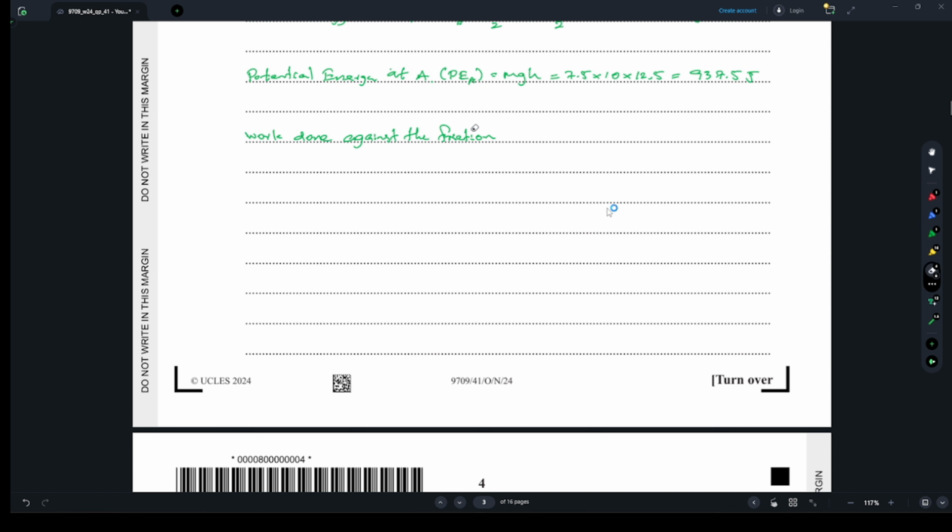Normally we use W, work done against the friction. So the work done you can write as Fs, force multiplied by the displacement. Here F is F, and the distance between A and B is 25. Okay, so let's keep that.